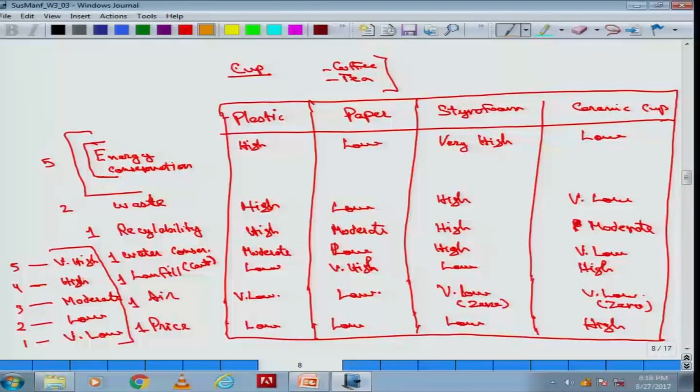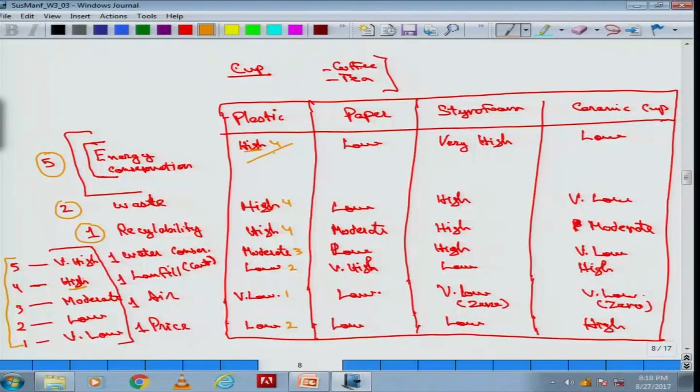So how could I decide finally which product I need to choose here? I have given certain weights here and certain values here as well. So here for high, the value is 4, this is 4, this is 4, this is 3, and low is 2, 1, 2.